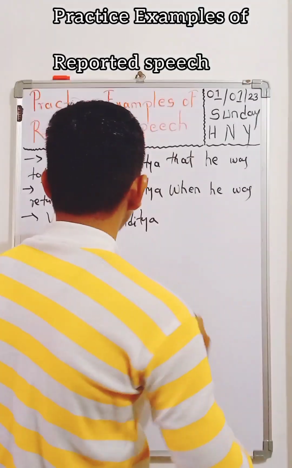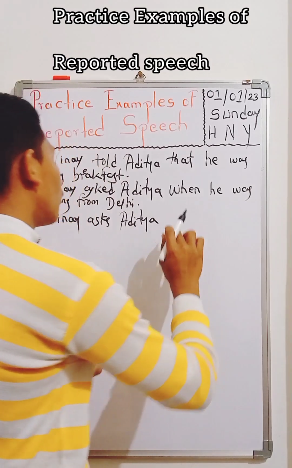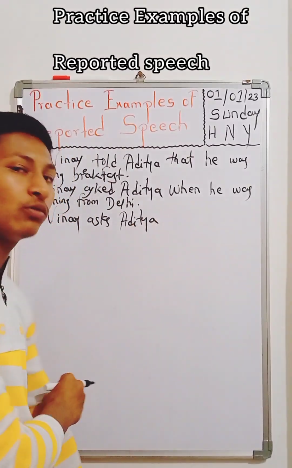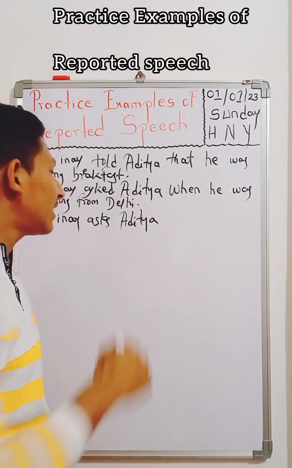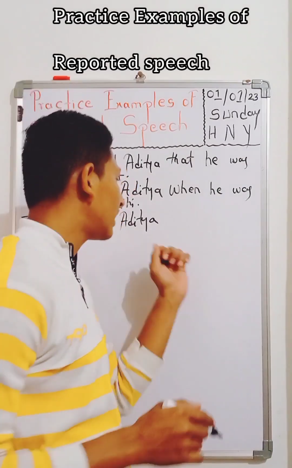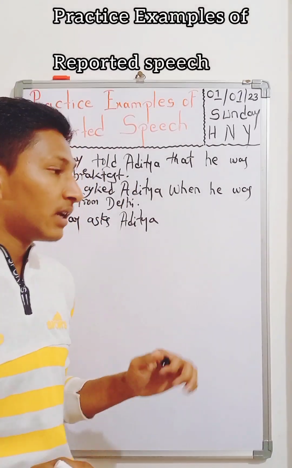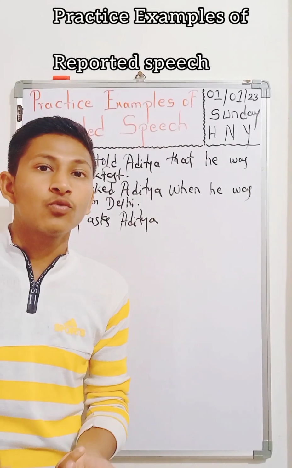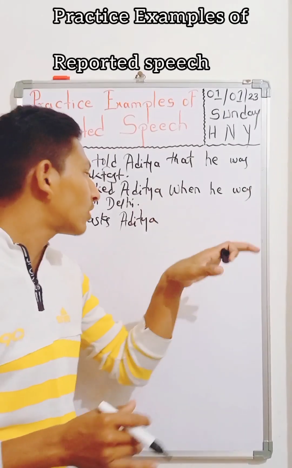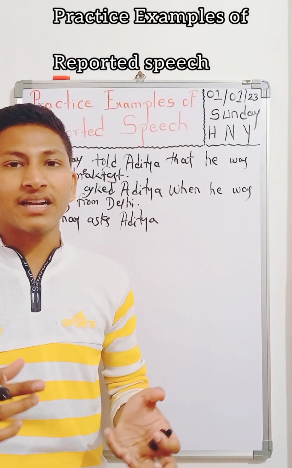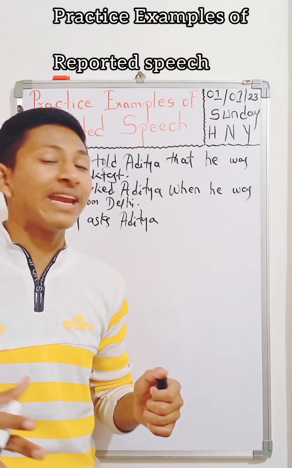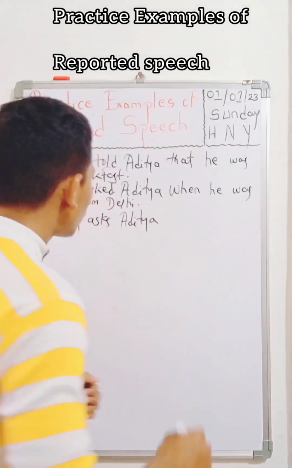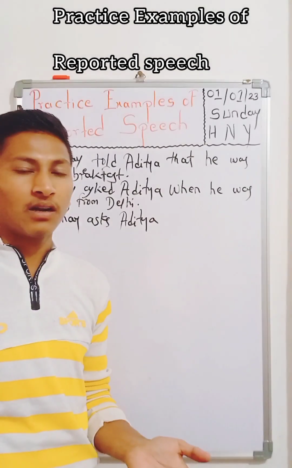So now how do we convert? Here we have to introduce the conjunction as well. In yes/no type of direct speech, while transforming it into indirect, according to the rule we have to introduce if or whether as a conjunction. You can take either if or whether.